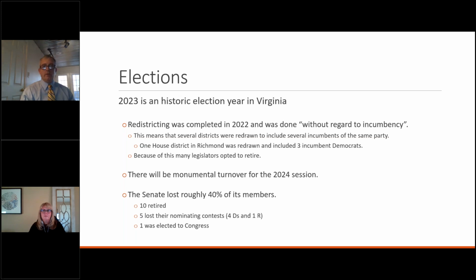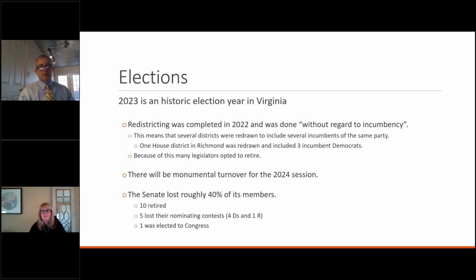For example, here in Richmond, we had a district that included 3 incumbent Democrats, Delegate Jeff Bourne, Delegate Betsy Carr, and Delegate Dawn Adams. They all can't run. So you have a primary and you fight it out with your former friend as to who should be the Democrat representing that area.